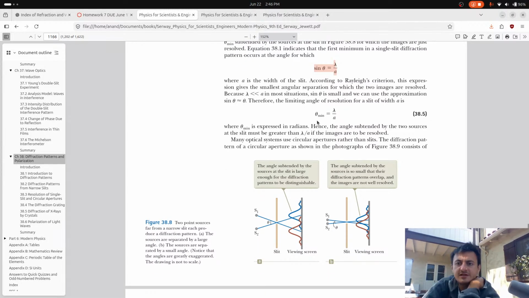Hence, the angle subtended by the two sources at the slit must be greater than lambda over a if the images are to be resolved.